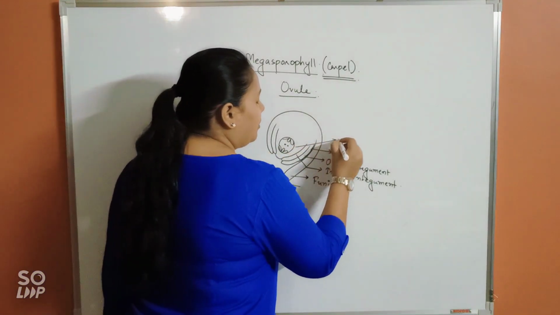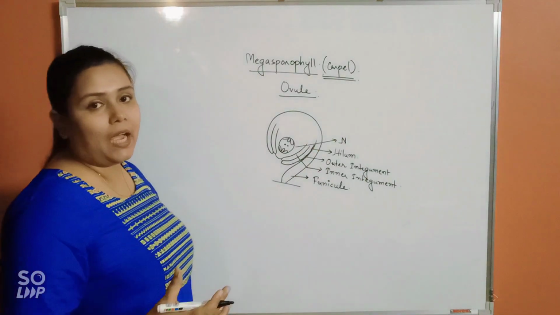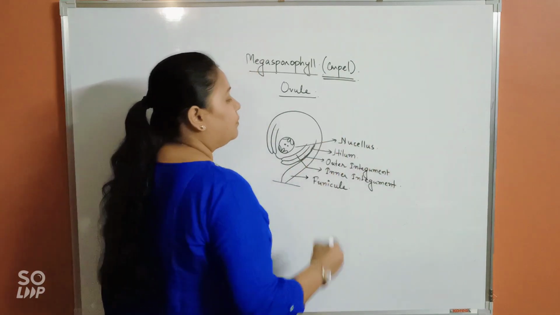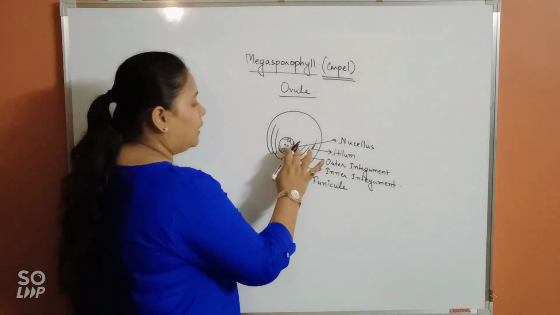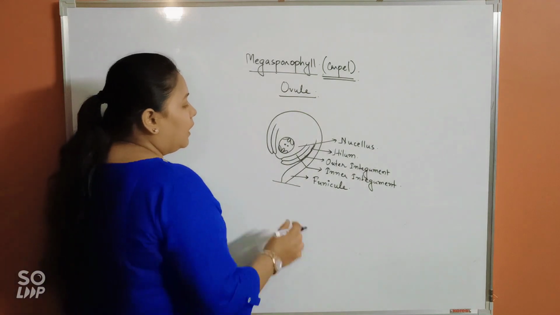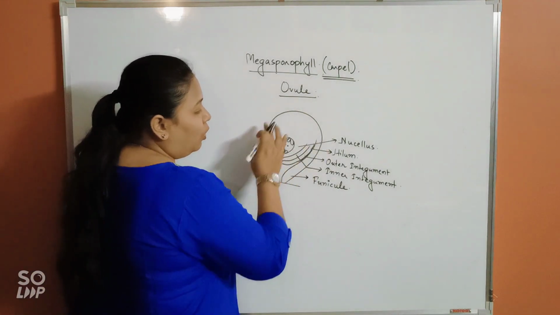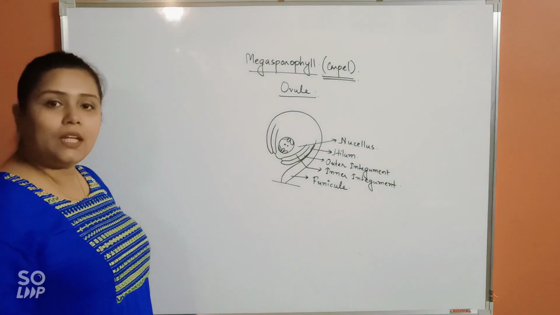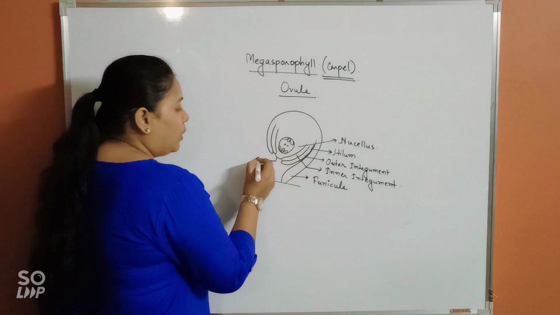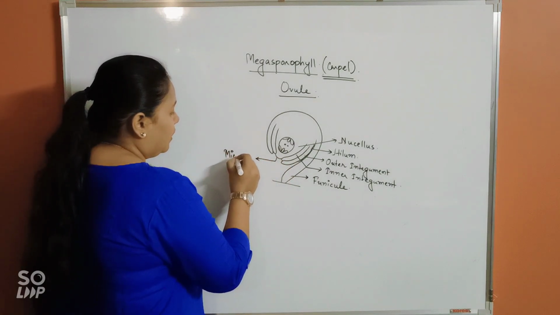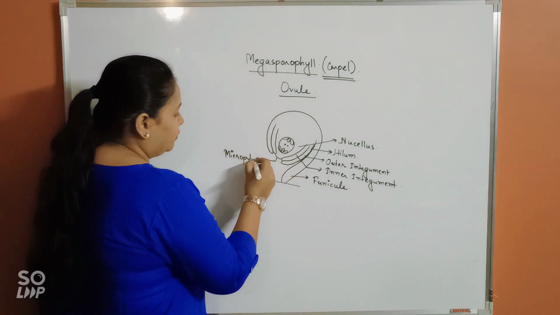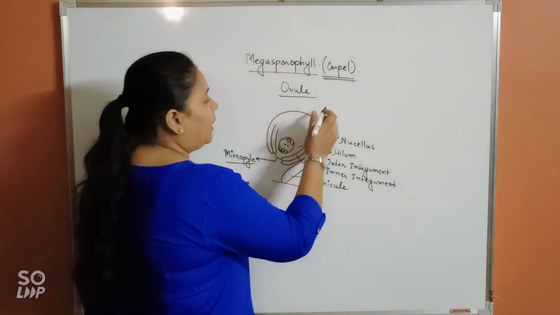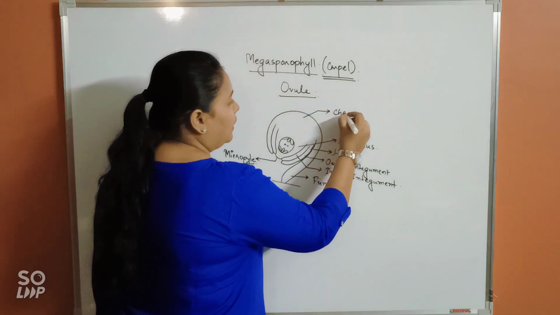Internal to that remains a mass of parenchyma tissue that's called the nucellus. Alright? Now, in the whole body of the ovule, there is one section which is not surrounded by the integument. This is going to be called micropyle. Alright? And the opposite end of the micropyle will be termed as chalaza.